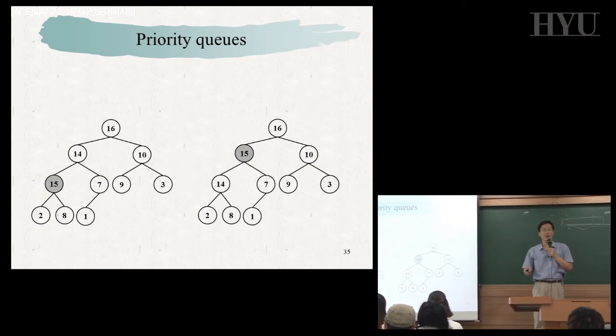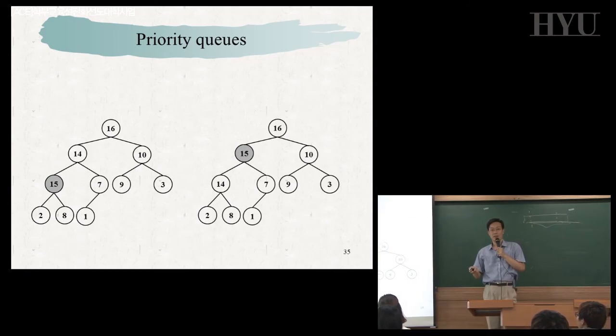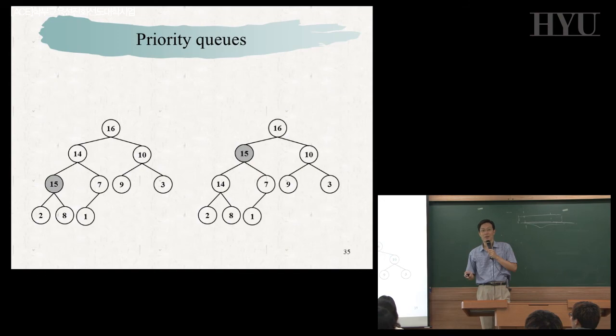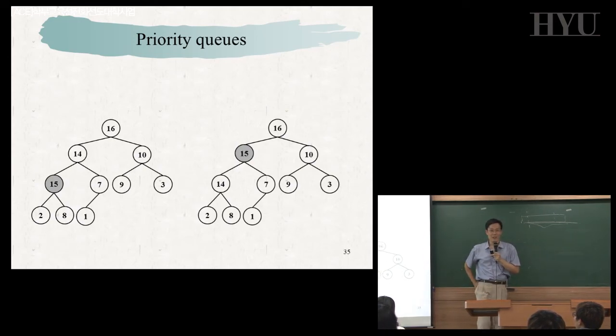So what's the running time? 최경렬, what is the running time? Big O of n log n? Technically it's true because it's smaller than that. But there is a tight bound.